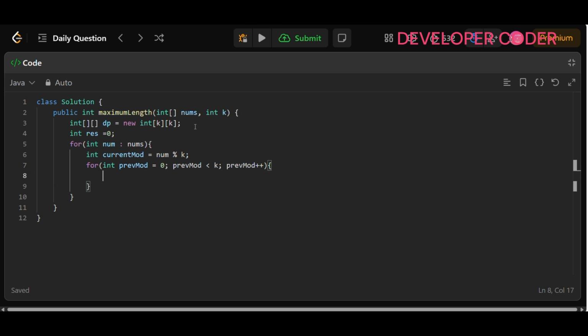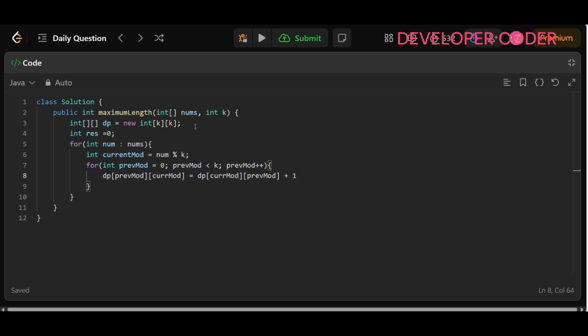Now inside this, we have to update the DP prev mode, current mode by extending the sequence ending in current mode, prev mode. So whatever you are doing, here you write prev mode and here you write cur mode, and you are going to update this. Before that you need to check whether you have seen this pattern, where cur mode comes and then prev mode comes.